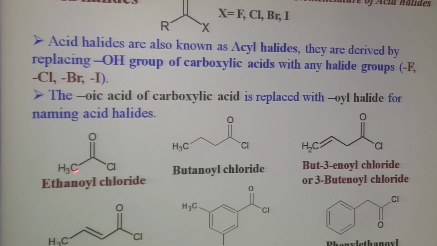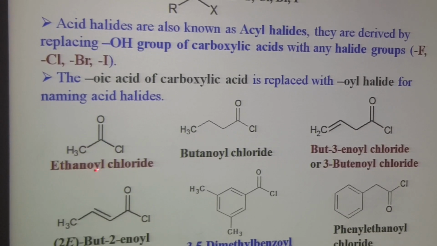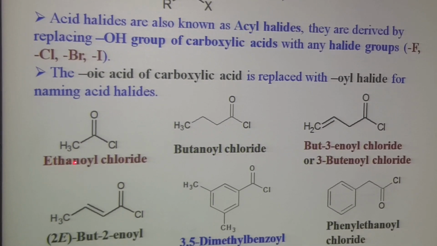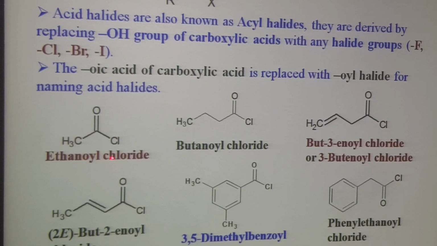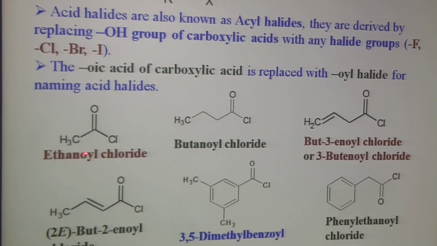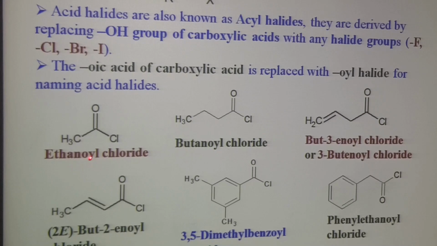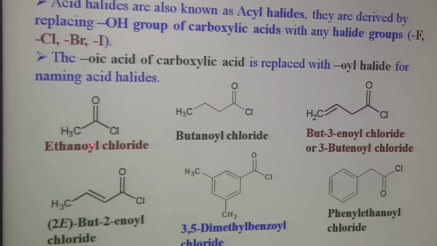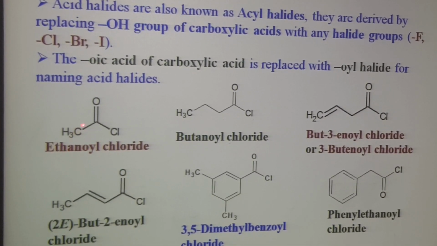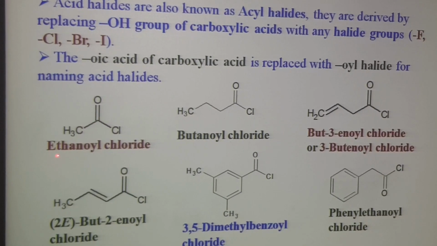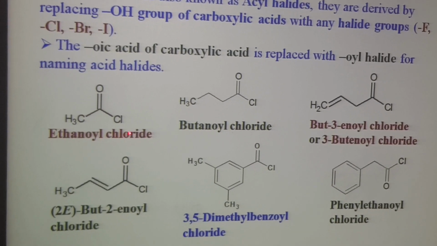For example, here we have two carbons, ethanoyl chloride. Ethane from two carbons and oyl chloride. So this is different as compared to alkyl halide. So don't mix this with alkyl halide, because if we have a two-carbon alkyl halide, it will be ethyl chloride.